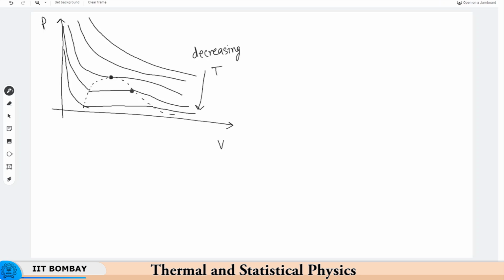Later on, we see that the volume drastically reduces for the constant temperature, right? And we also saw that this boundary that I've drawn with a dashed line basically represents the phase transition, right? So here we have gas, here we have gas plus liquid, and here we have liquid, and this is Andrews experiment.